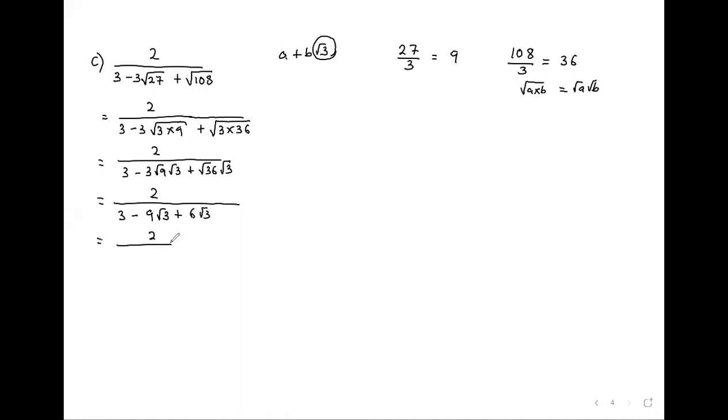So we get 2 over 3. Negative 9 plus 6, we get negative 3 root 3. At this point, we rationalize by multiplying by the positive 1.